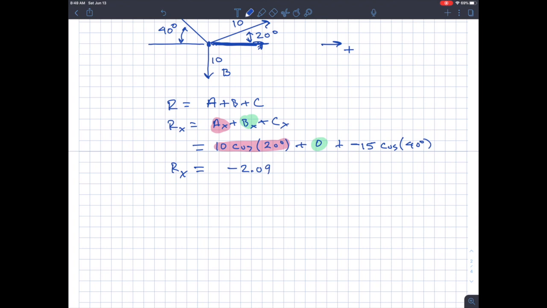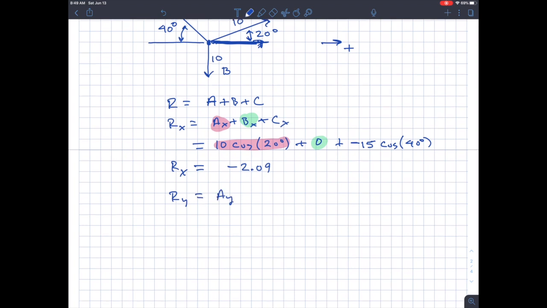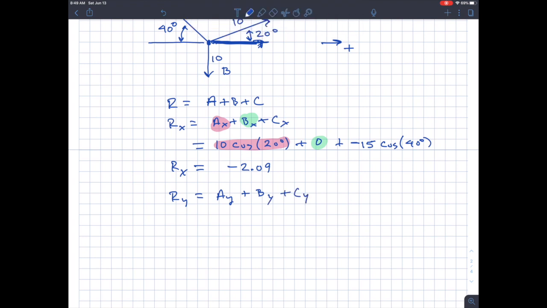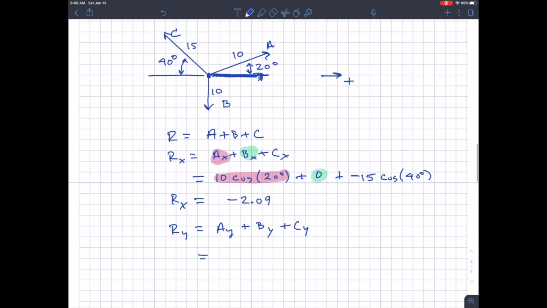Next, what would we do for Ry? Ry would be the same idea. We're resolving things in the y direction, Ay plus By plus Cy. Taking a look at the diagram, A is moving upward, so we resolve that using trig.